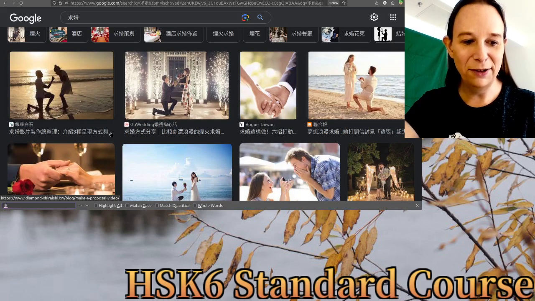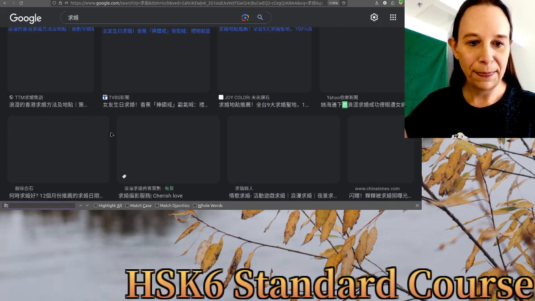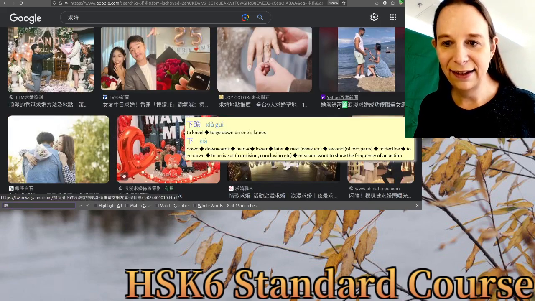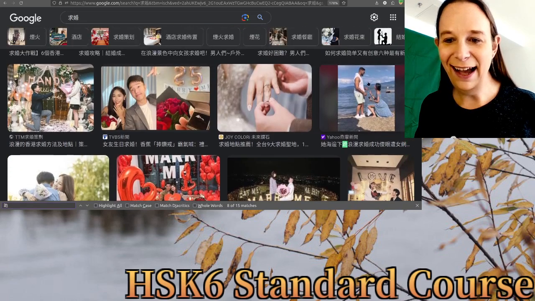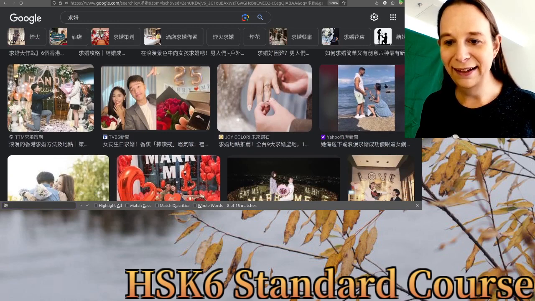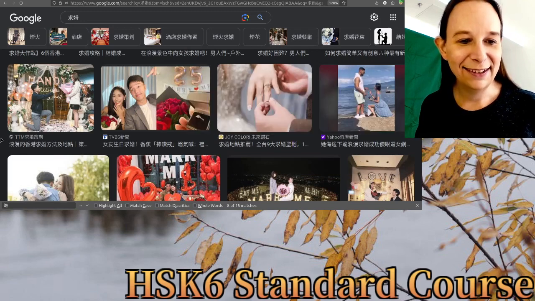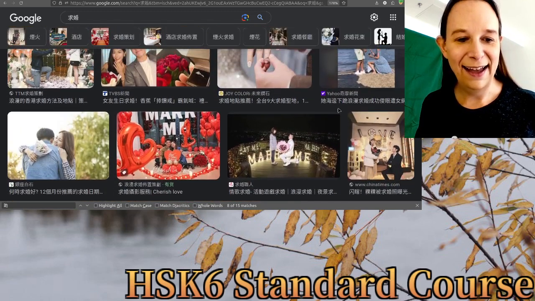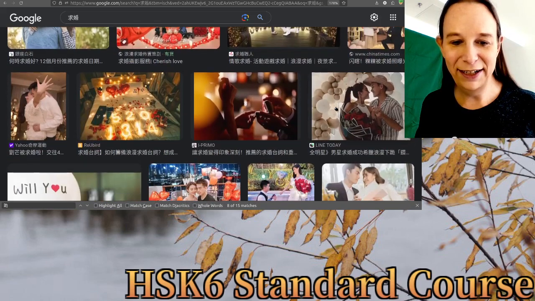Surely they will use the word 跪 here somewhere. 下跪. Okay, 这是女的下跪, 海边下跪浪漫求婚. Okay, she proposed to him. Did he accept? I hope so. That's kind of not following tradition, right?